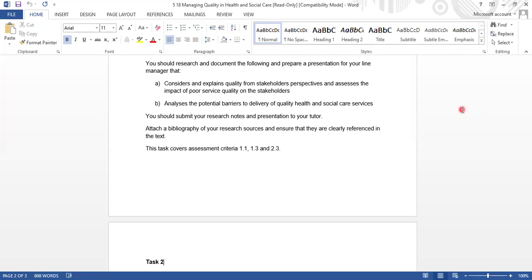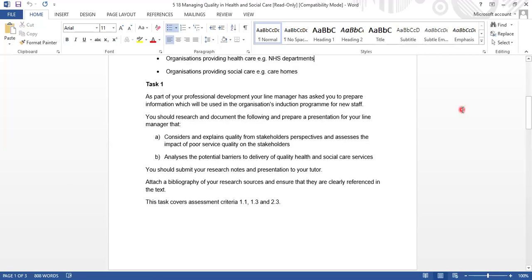Divide the stakeholders into different forms. Your internal stakeholders will be your staff, obviously, and your line manager will be your internal stakeholder. Then for the external stakeholders, you have to understand your role.